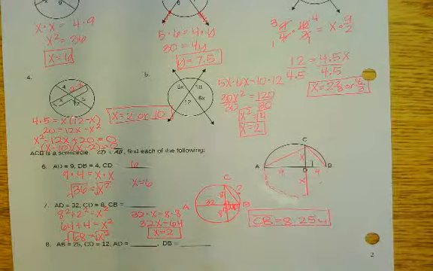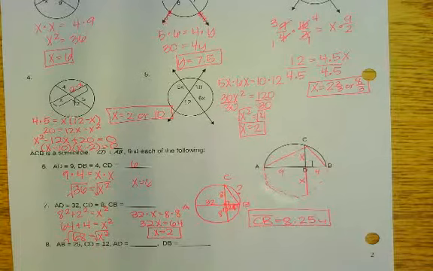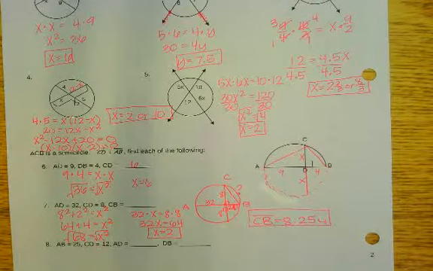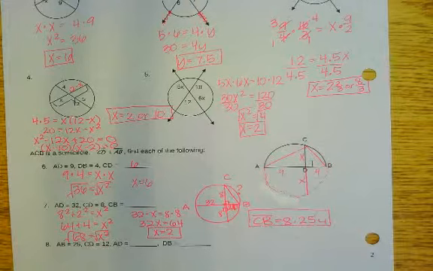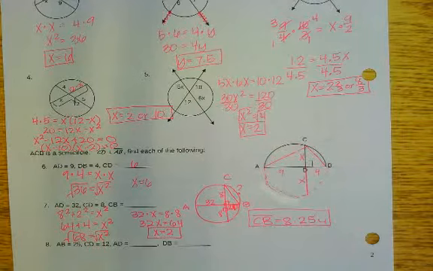Questions on 7? Your quiz is probably 50% chords. So if you have questions, you need to ask. Clarification. When you draw that triangle, the line and the curve are the same, right? No, the line and the curve, no. Because it's not asking for the curve, it's asking for the segment.